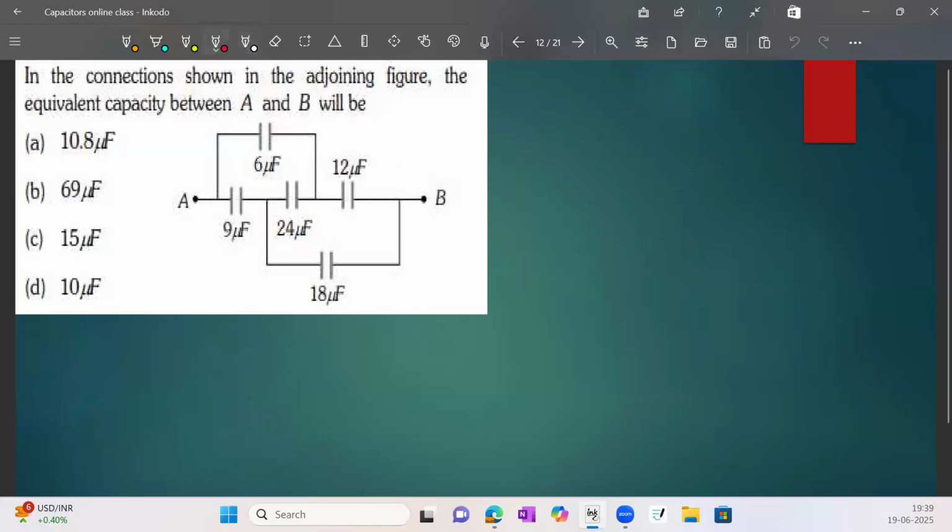Next, this is also one of the important relations and problems. This is the balanced Wheatstone bridge.